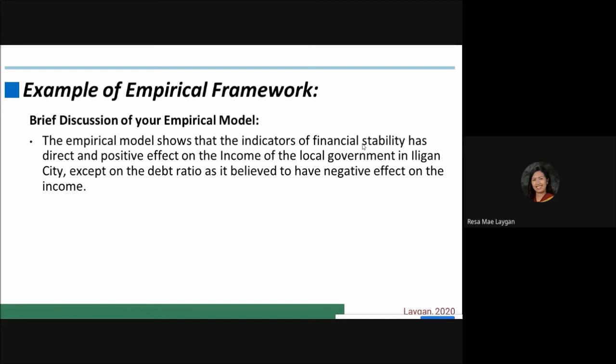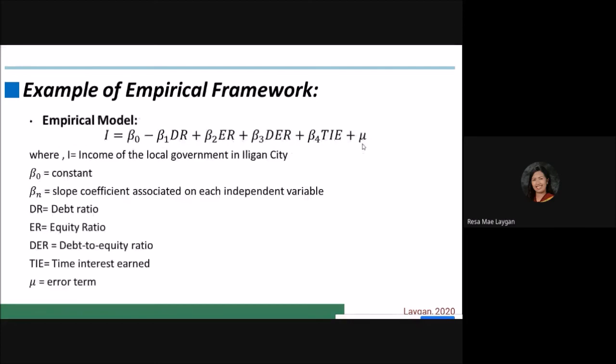That is how you briefly discuss your empirical model, and it depends on your equation. As you can see here, only the debt ratio has a negative effect on the income. So that is my hypothesis also.